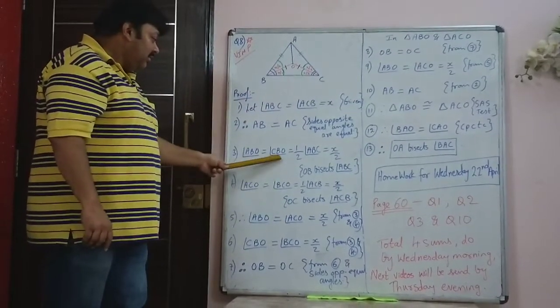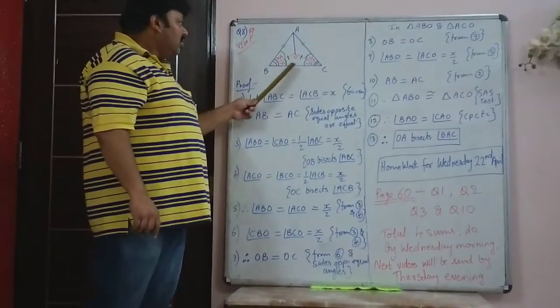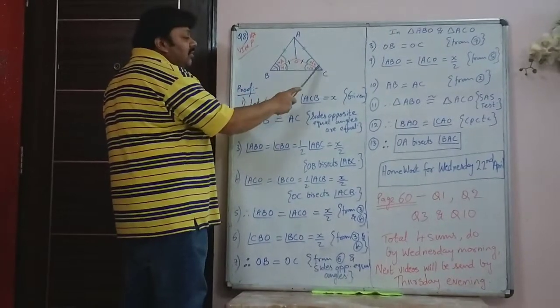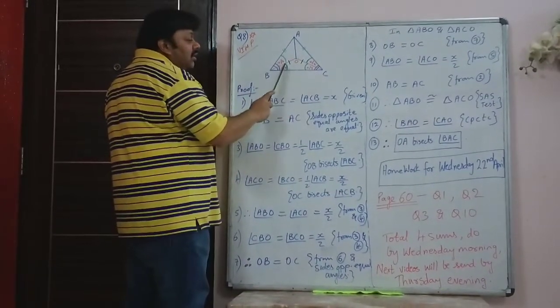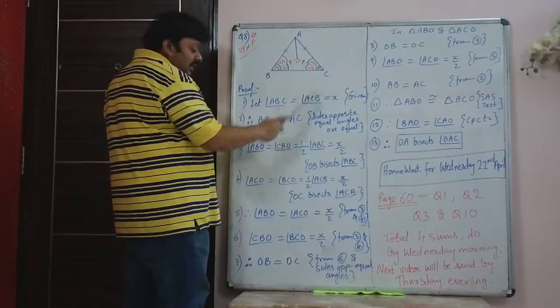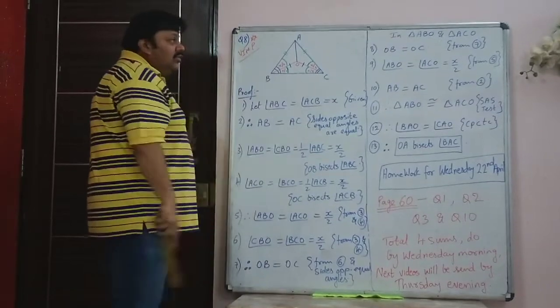That also you had proved here. So because those two angles are equal, you can say that OB is equal to OC. Because in this triangle, the two base angles are equal. So sides opposite equal angles are equal. So both of them, OB is equal to OC.